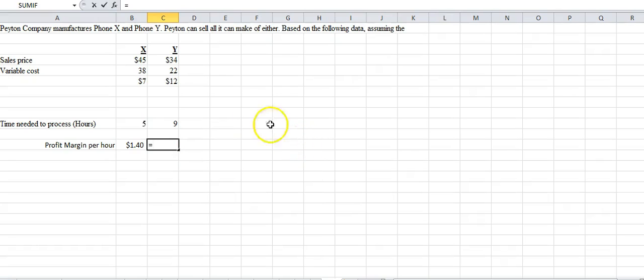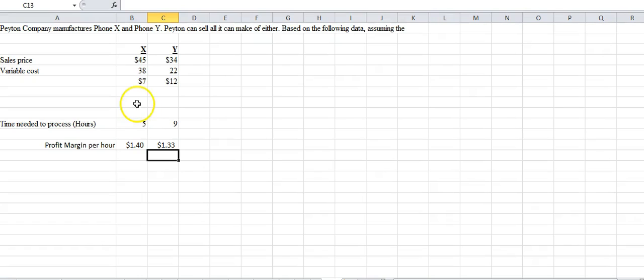Whereas over here, I have a profit margin of $1.33. All of this in our decision changes, right? Because we only have a certain amount of hours in the day to invest. So we have to maximize our usage of those hours, right?